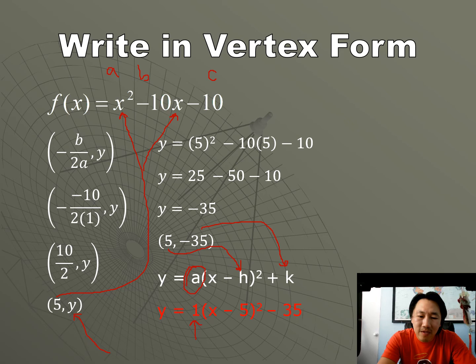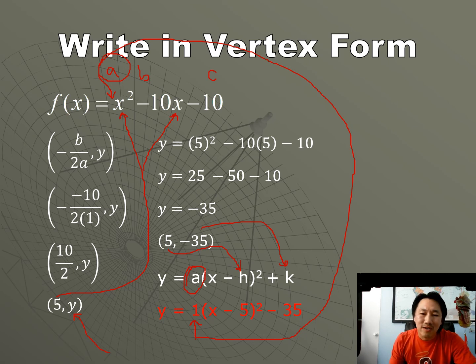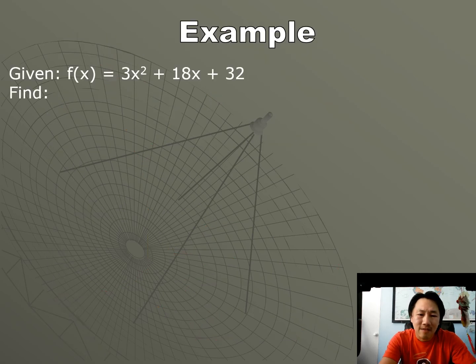Remember from the very beginning? Our a was 1. All right? And so that's how you put it in vertex form. It's a lot of steps, but hopefully with some practice, you'll get it down pretty smoothly. This was a pretty simple example just because all the numbers worked out pretty nicely. I don't know if that's going to be the case for the homework, but for the most part, I think it should work out nicely.